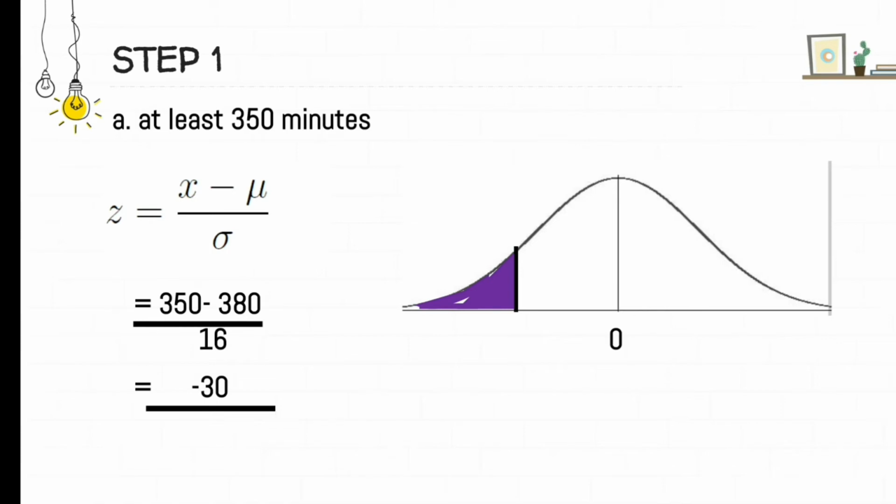So 350 minus 380 is negative 30, divided by 16, so we have negative 1.88. Now, if we plot negative 1.88 on our curve, it falls to the left side of the mean.